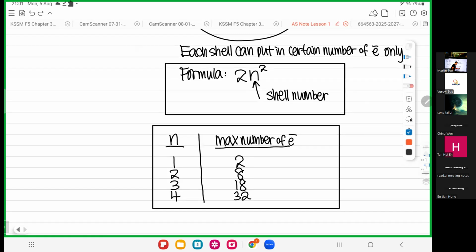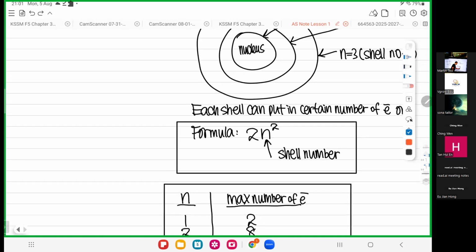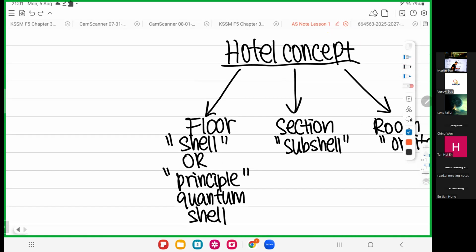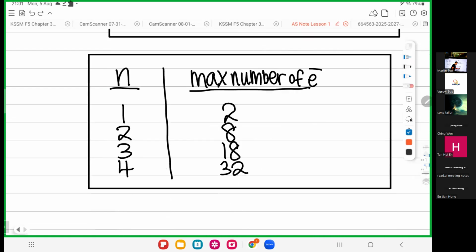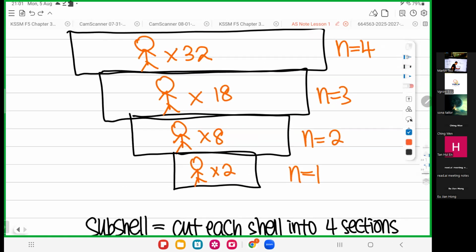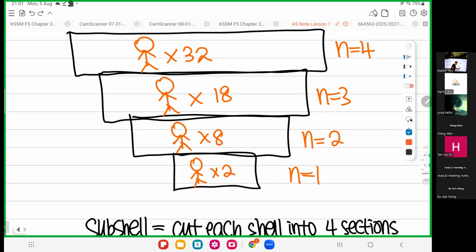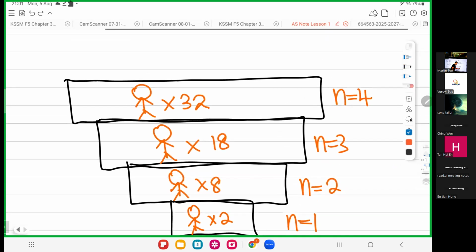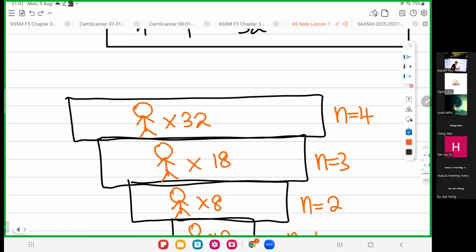Okay, next one. So you can see here now. So imagine the hotel concept. Remember I told you the principal quantum shell is the floor. So now you know, your hotel looks like this. The first floor of the hotel can put 2, the second floor can accommodate 8, the third floor can accommodate 18, and the fourth floor can put 32.